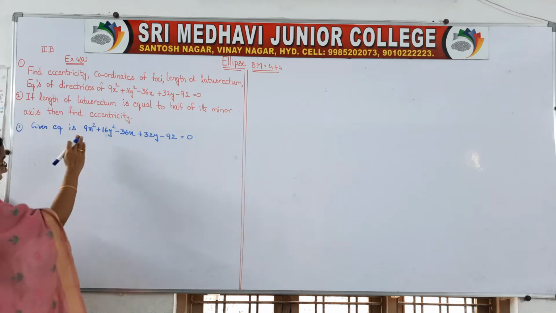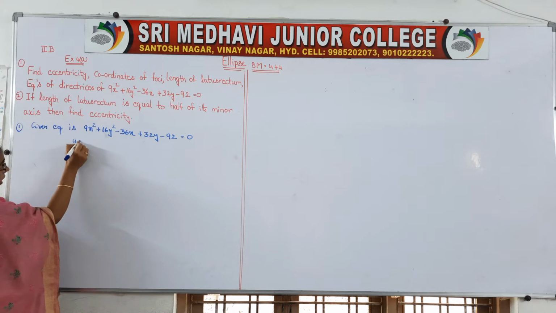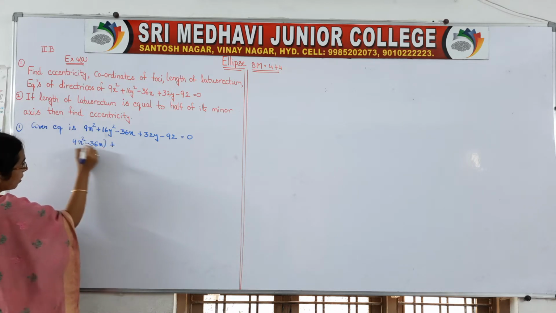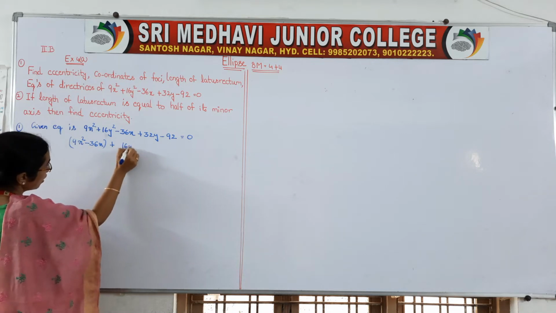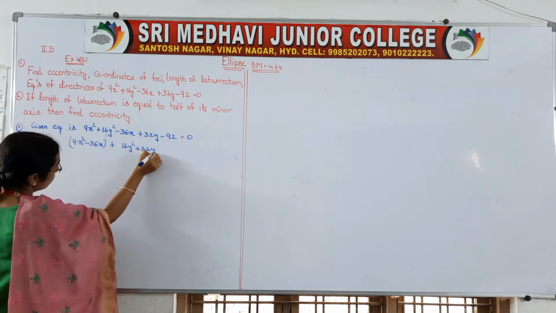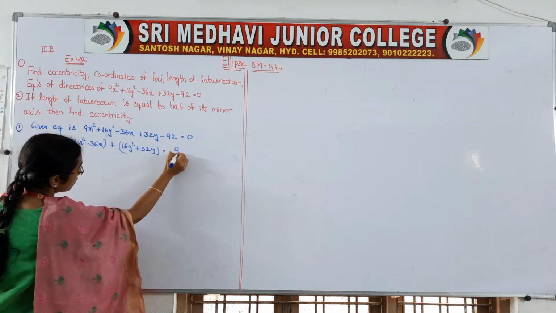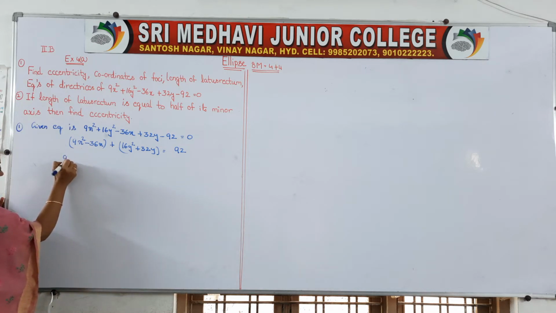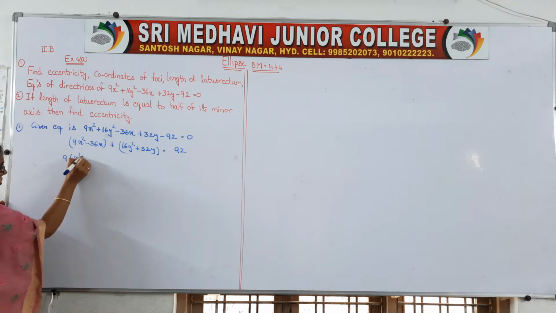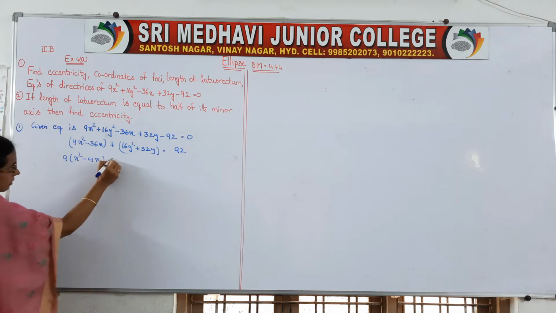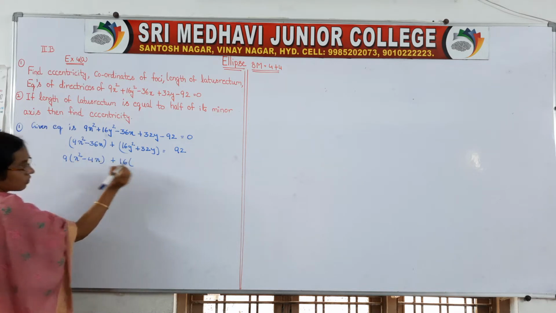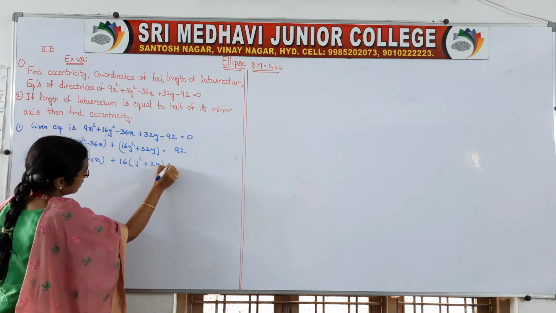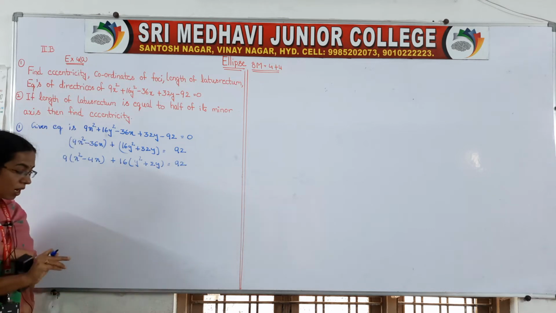So come on, first try to write the x terms together, 9x square minus 36x, and the y terms together, 16y square plus 32y, and send the constant to the other side. From the first we can take 9 common, so x square minus 4x. From the second you can take 16 common, it is y square plus 2y, is equal to 92. What did I say?